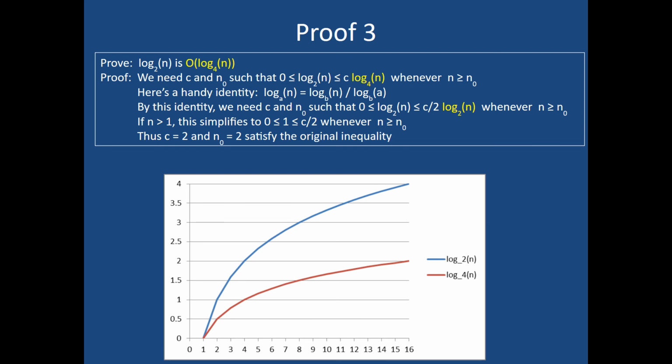The important thing is to realize that these two curves differ by a constant. The base of the logarithm doesn't matter in big O notation because it's just a matter of multiplication. It's a leading constant. So if you multiply the red curve by 2, you've got the blue curve. So we can let n naught be 1 and c be 2 and get this. I picked a different n naught for whatever reason, but you get the idea.